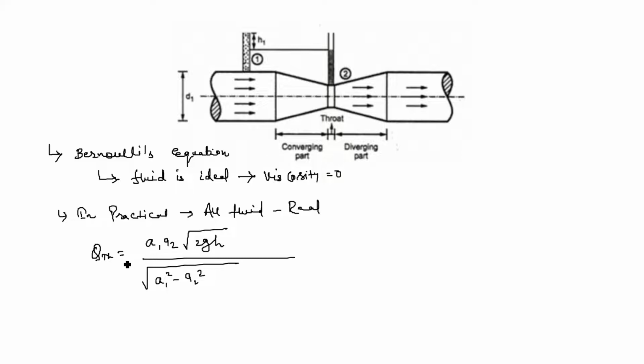But this is the value of theoretical discharge, and in actual practice the actual discharge is lesser than theoretical discharge. That is why we introduce a factor called coefficient of discharge into this Q theoretical.